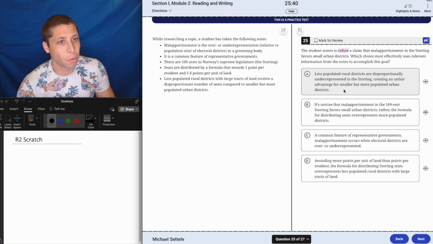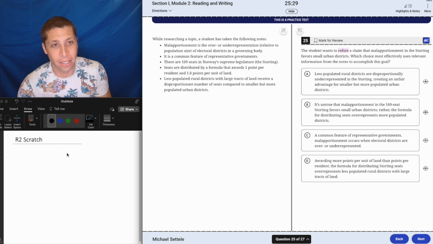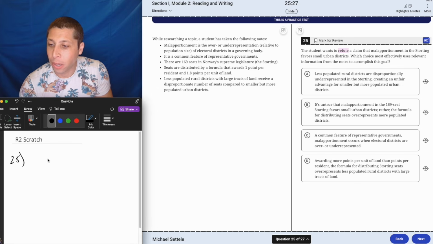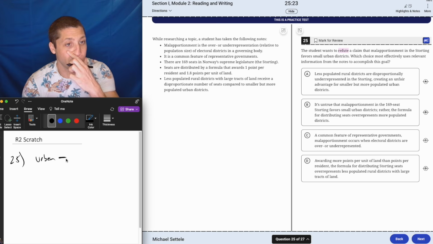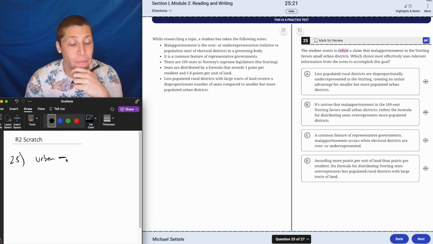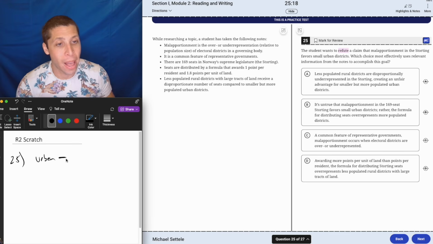So if you're refuting that something favors urban districts, you are trying to say that it's bad for urban. Oh my God, this is like the first ever one of these where I need to do a dumb summary. So urban, bad in some way. Refute a claim that it favors small urban districts. So you want to say urban is bad.